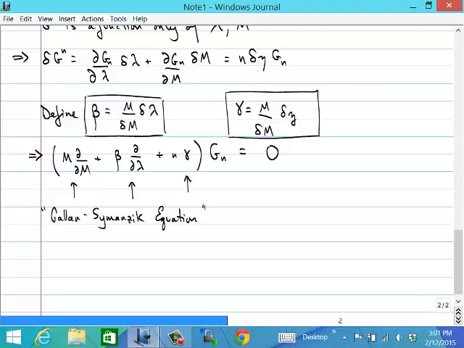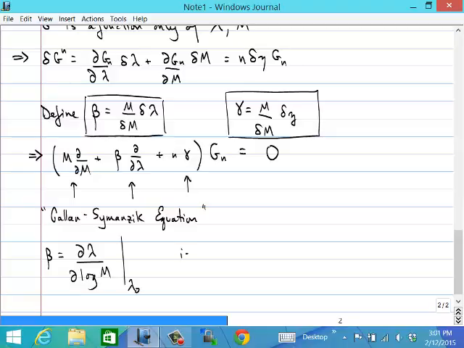So beta, as given by this definition, could also be written as the derivative of the coupling with respect to the log of the renormalization scale, because m d by dm is the same as d by d log m. And so this is the derivative of the coupling with respect to the renormalization scale when you hold fixed the bare couplings.